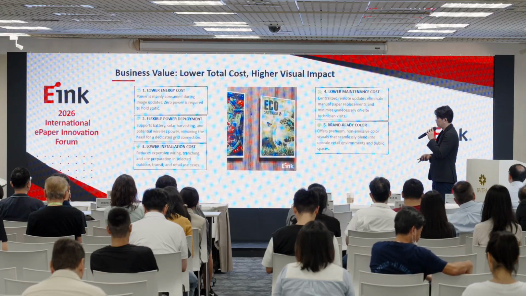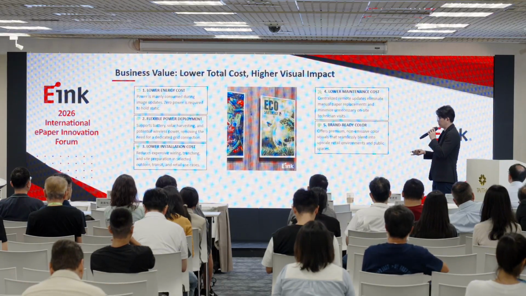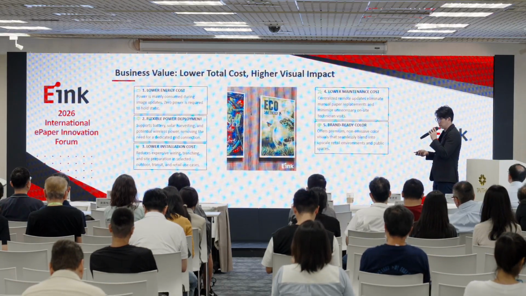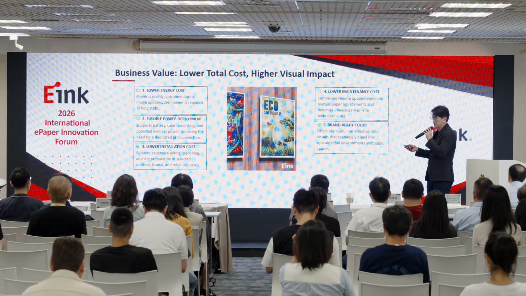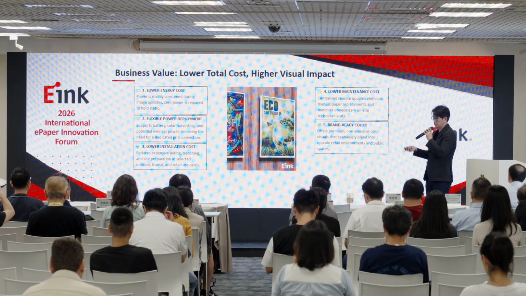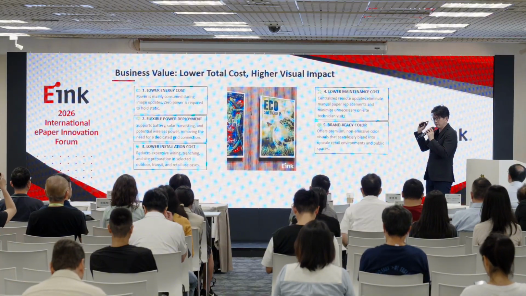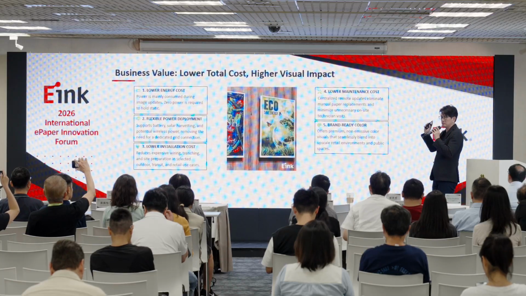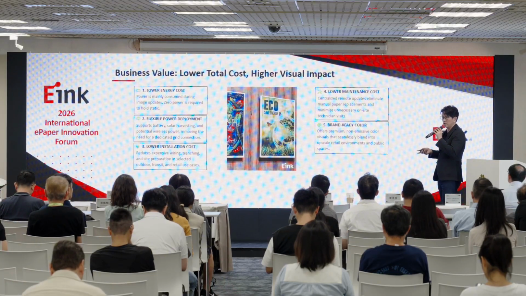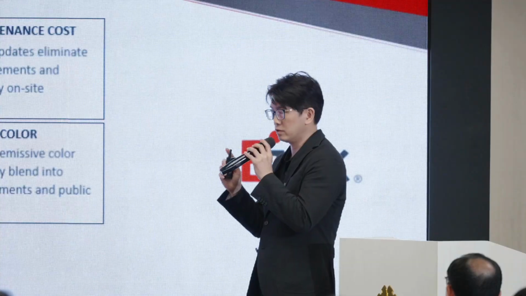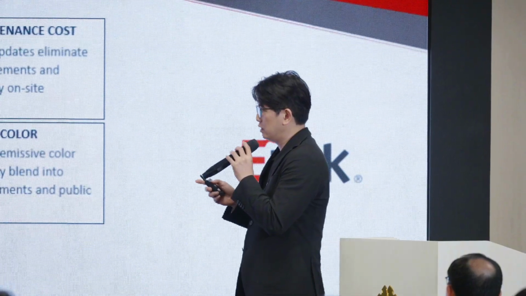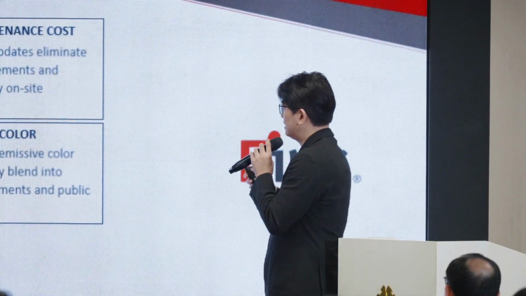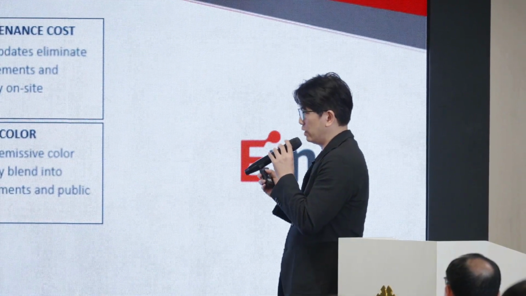Installation cost is quite low, because for a smart city you don't need to use a power cable. Just use solar power, like at Taipei 101, where we have one device in front of 101 using solar. So installation cost is quite low, and the maintenance cost is also quite low.